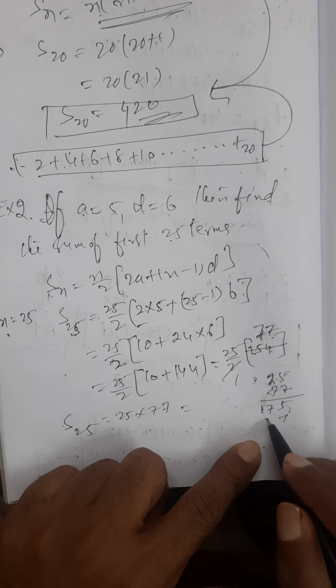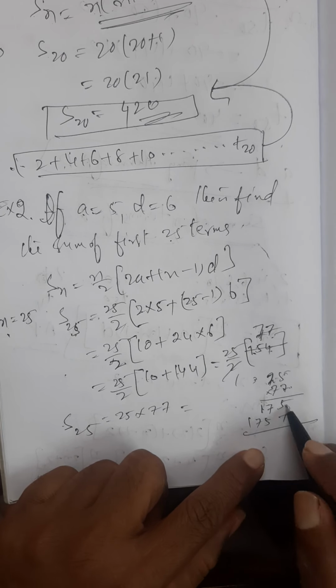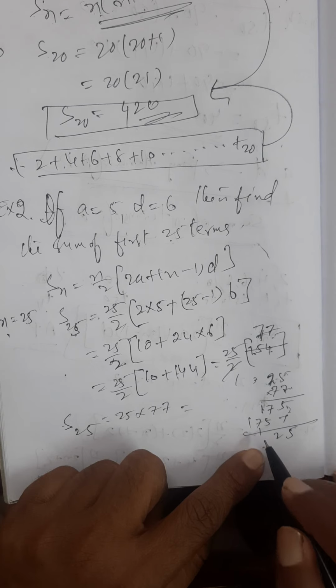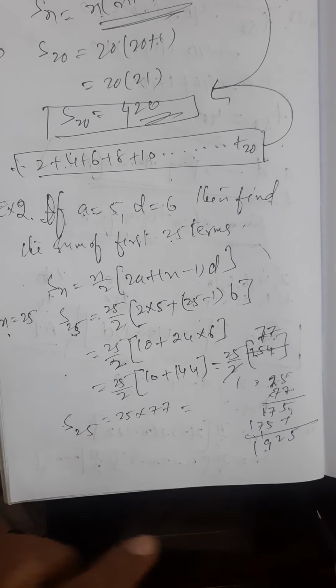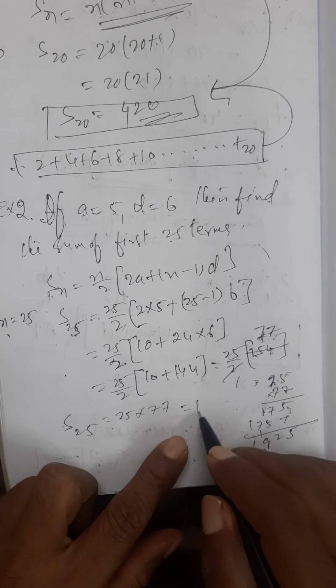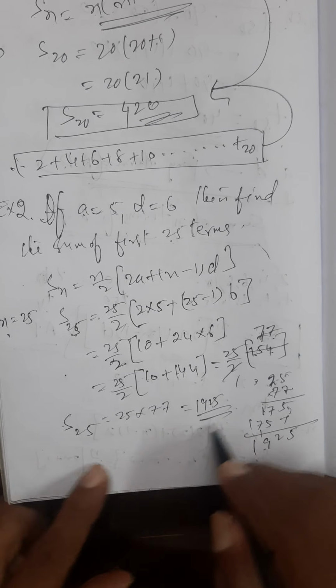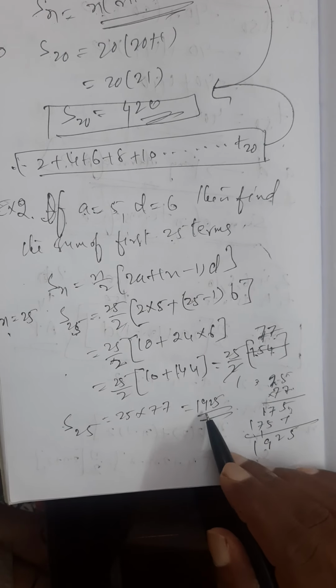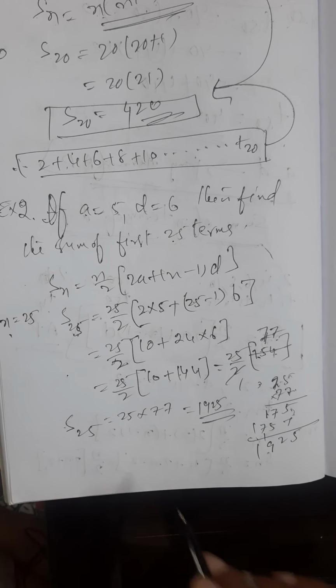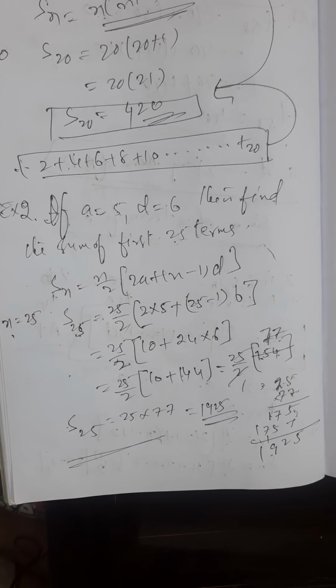Again 7 is there, so you have to repeat this value. 5, 12 carry 1, this is 9, 1. So this is nothing but 1925. The sum of this series is 1925.